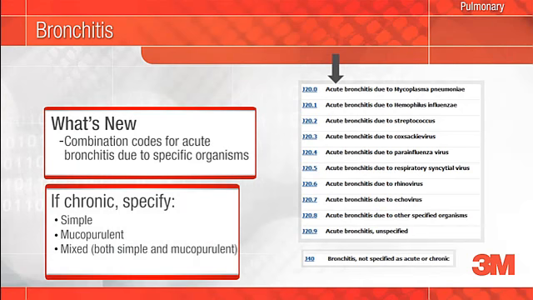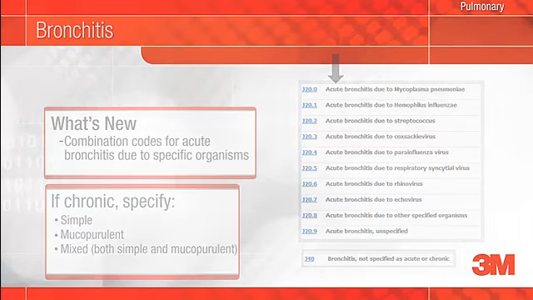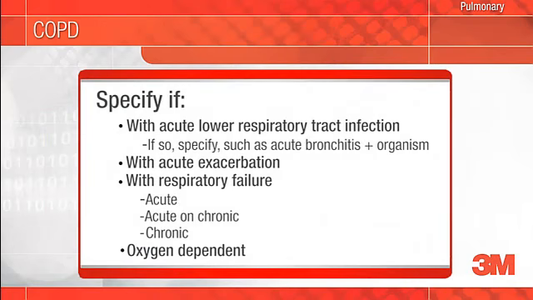Chronic bronchitis has its own classification. If you can further specify the type of chronic bronchitis, such as simple, mucopurulent, or both, a unique code describing the specific type will be reported. ICD-10 differentiates COPD with acute lower respiratory tract infection from acute exacerbation of COPD without infection.